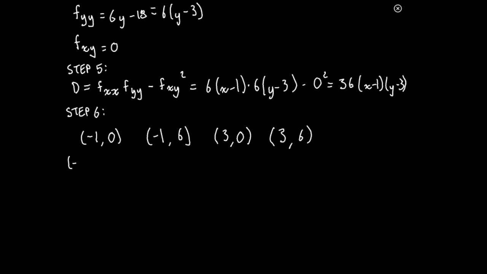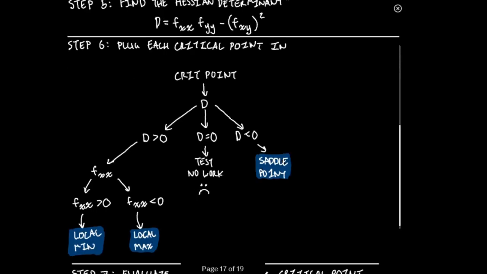So for -1, 0, we have D equals 36 times -1 minus 1 multiplied by 0 minus 3. Now, we could solve this out and get some number, but let's remember what we're testing for when it comes to D. We want to know if D is greater than 0, equal to 0, or less than 0.